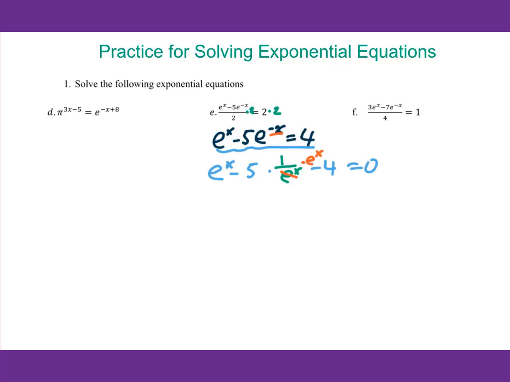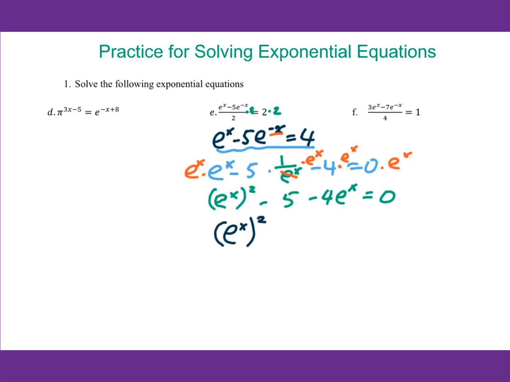Then try to get rid of the e to the x power in the denominator. Every single term in this equation you need to multiply by e to the x power. Therefore, we got (e^x)^2 minus 5 minus 4e^x equals 0. Organize the order. You will get (e^x)^2 minus 4e^x minus 5 equals 0. Then we set e to the x power equal to y.